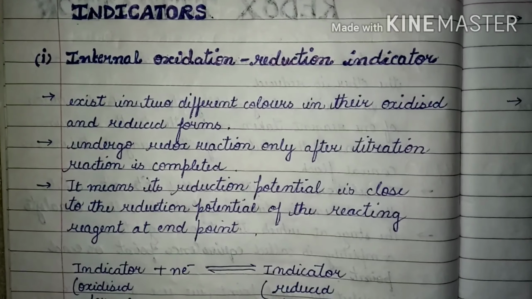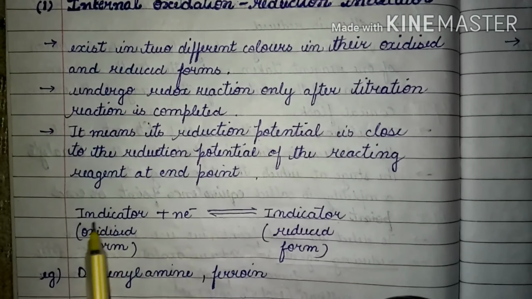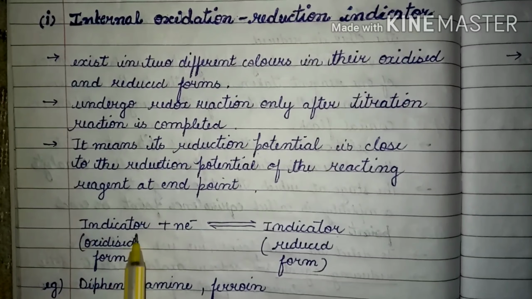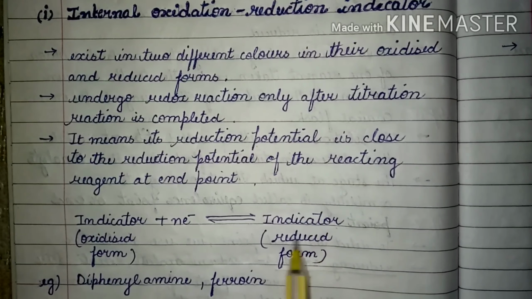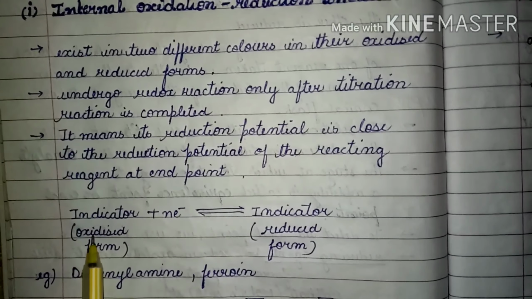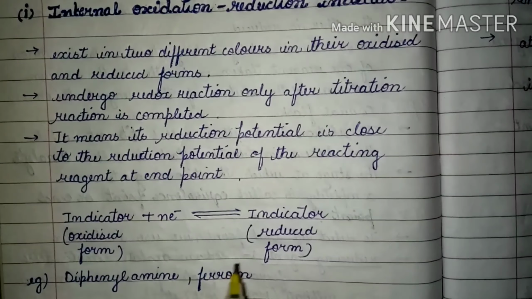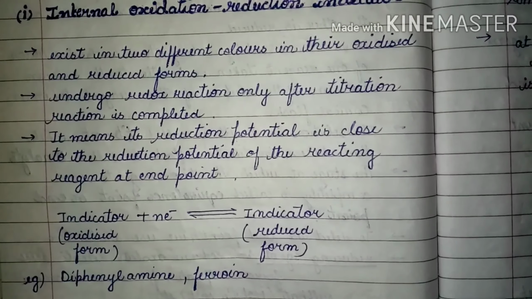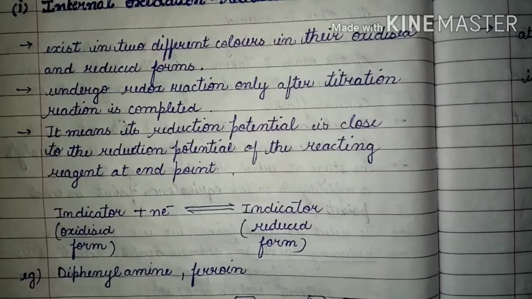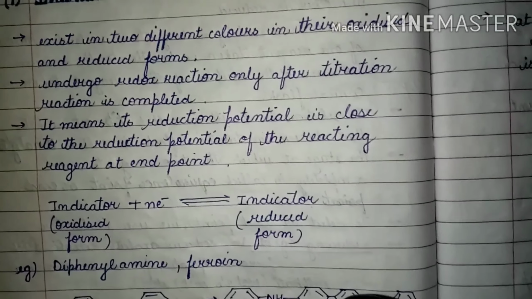So the main example you can see over here: the indicator in oxidized form will lose electrons to get into reduced form. In oxidized form it has one color, and in reduced form it has a different color. So when it gets reduced, it will indicate the equivalence point of that titration.